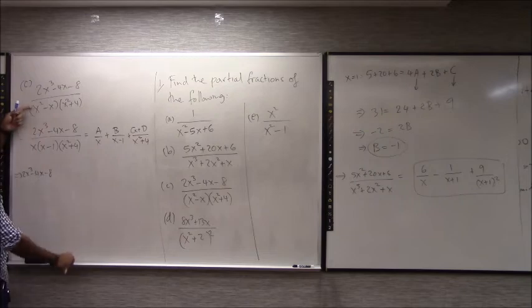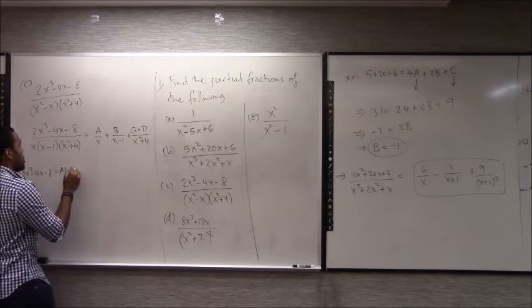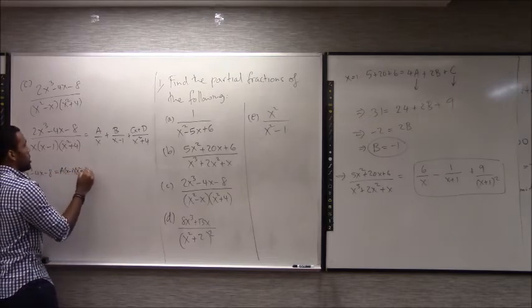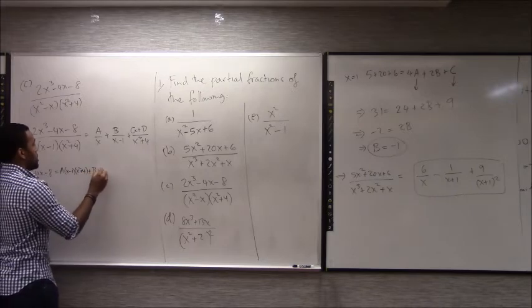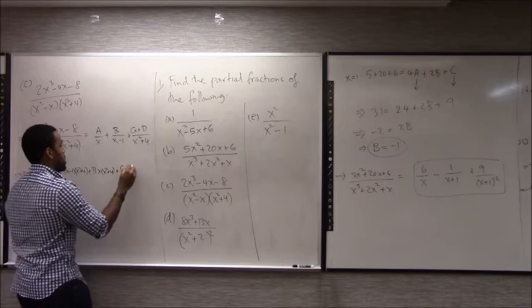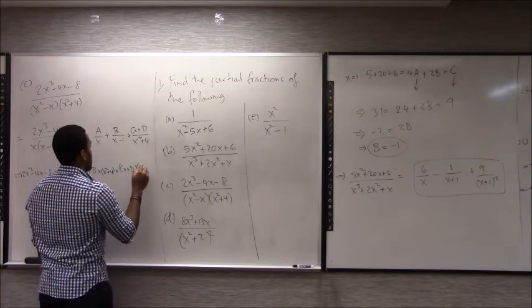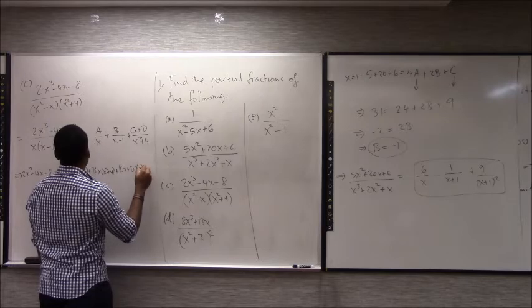By the way, the denominator was 4th degree, the top is 3rd degree, so I know this even makes sense to start in the first place. So I would have A times x minus 1, x squared plus 4, plus Bx times x squared plus 4, plus Cx plus D times x minus 1.